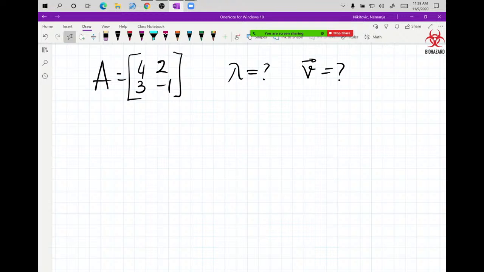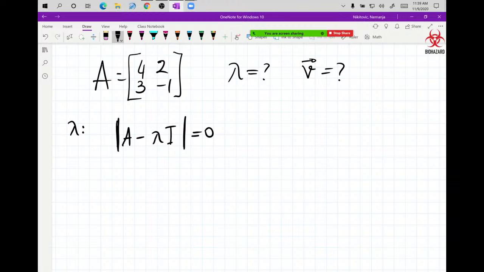All right, so lambda calculation. Come on, tablet. There we go. The lambda calculation is going to be the determinant of A minus lambda I equal to 0. This equation, when you compute the determinant, will give you an equation that you can use to compute lambdas.